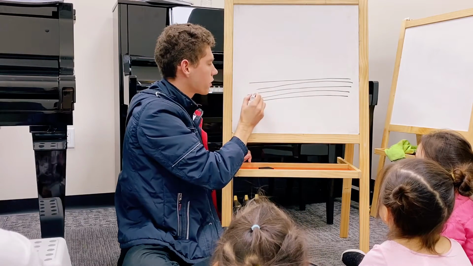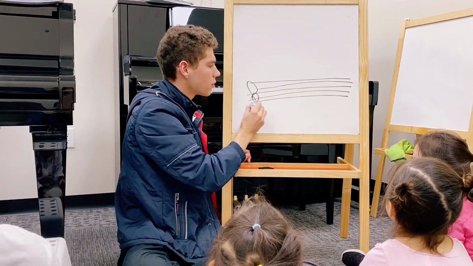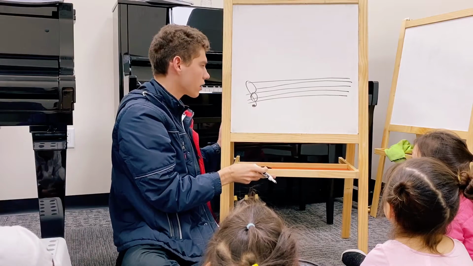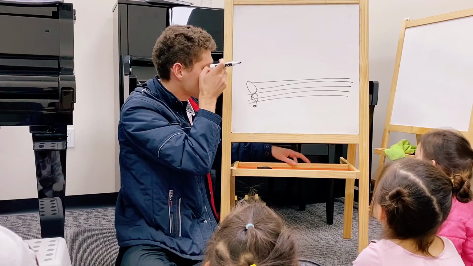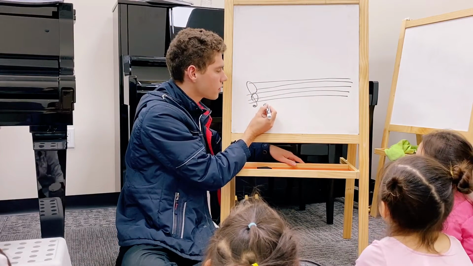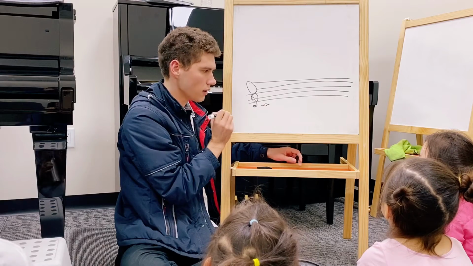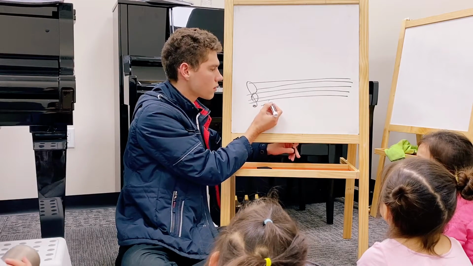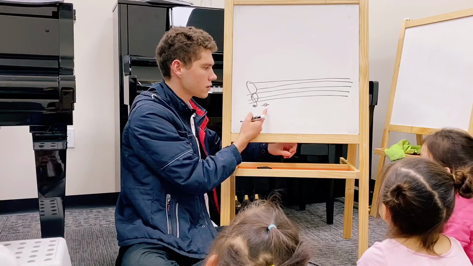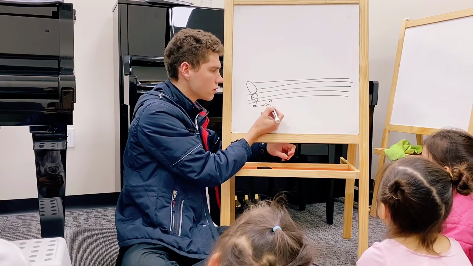So what we have here, we have 5 lines. We have our music staff. We have treble clef right here, and we'll take a look at 4 intervals starting on C. This is C, right? What's a note after C using the alphabet? Next note is D. Good.